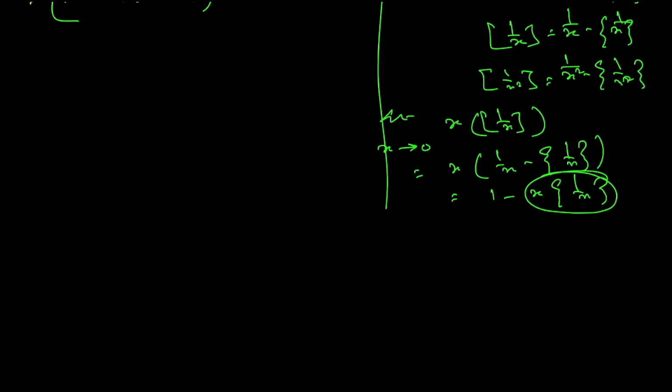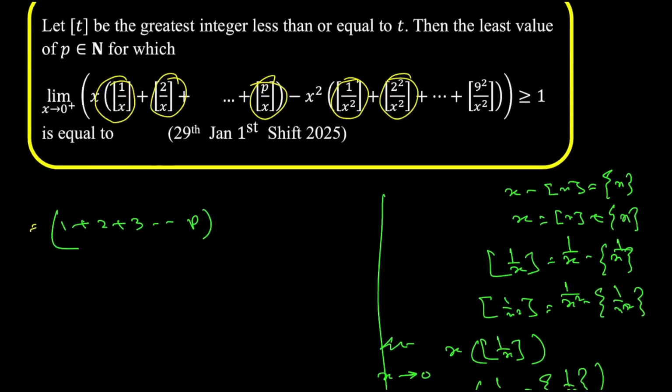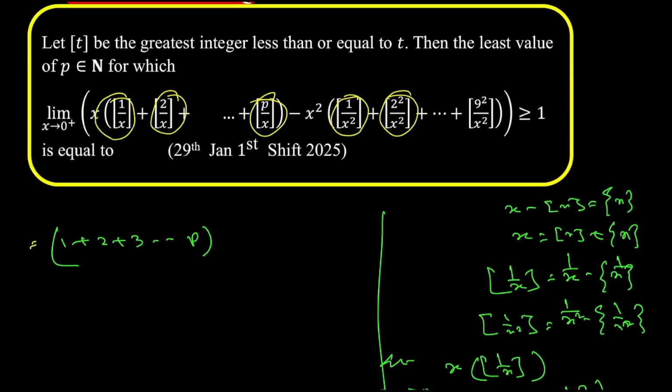The reason is that x into fractional 1 by x, x tends to 0, the fraction lies between 0 and 1, so this is coming 0. So we can write here minus 1 square plus 2 square up to p square.